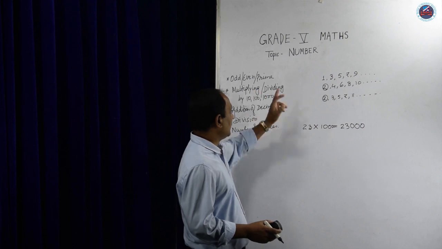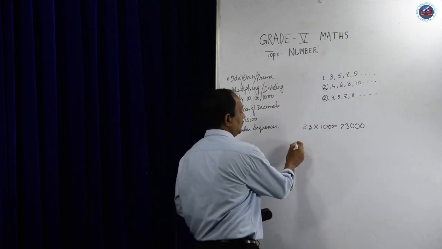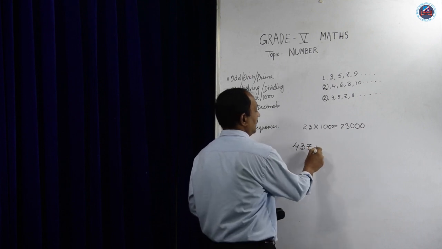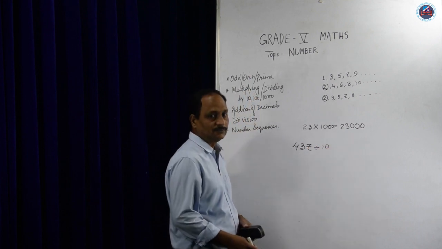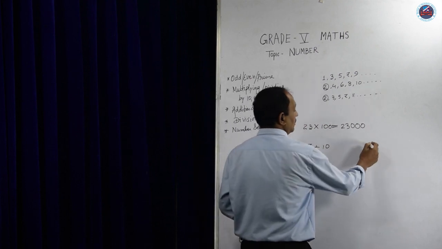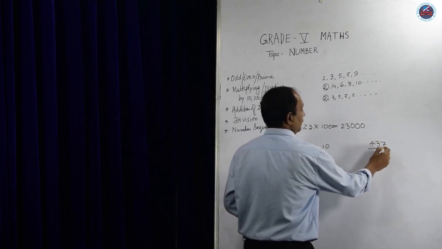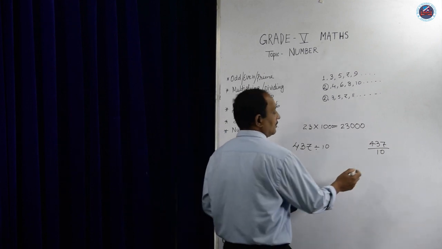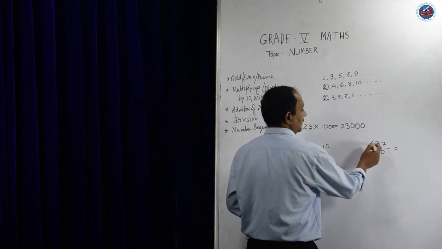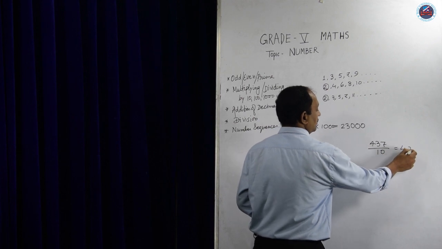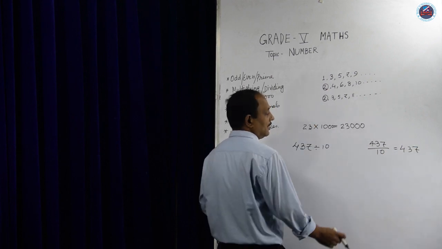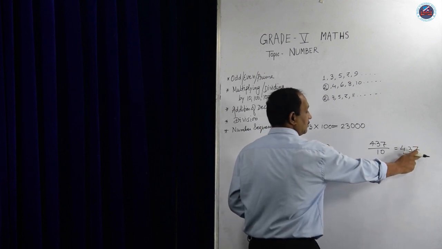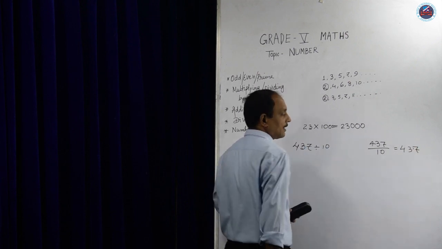Now, this dividing. Any number, when you divide, suppose 43.7 divided by 10. In another way, we can write it down. 437 divided by 10. In short, we can do like this. 437, write it down. How many 0 is here? 1 0. That means after one number, put decimal.